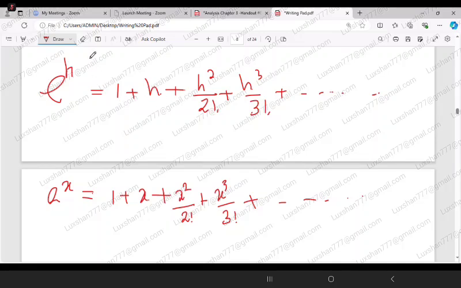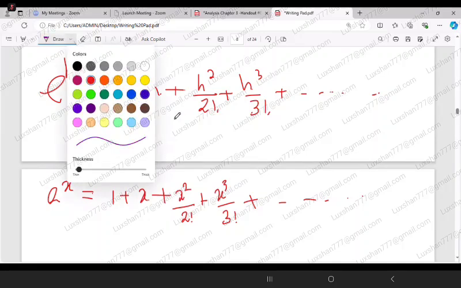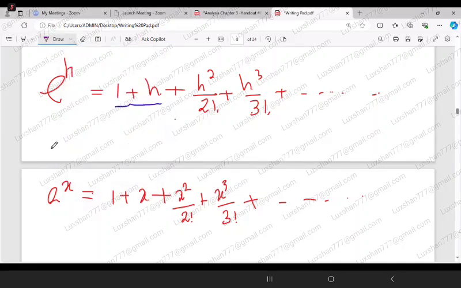So from this one, you just take these two to this side. So you can write e to the power h minus 1 minus h is equal to h squared over 2 factorial, h cube over 3 factorial.